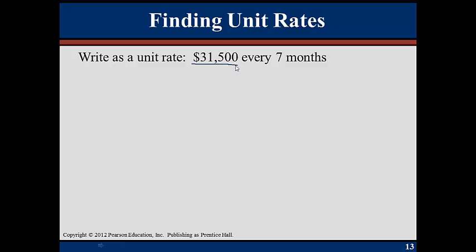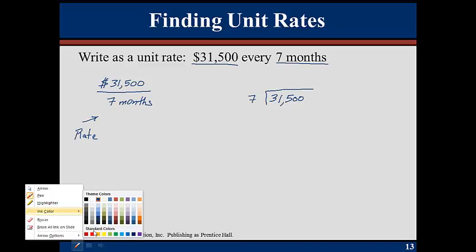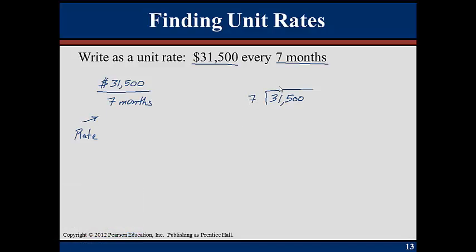The first number we have is $31,500 every 7 months. So this is the rate. Now, in order to get the unit rate, we're going to divide the numerator by the denominator. So numerator on the inside, denominator on the outside. And we got 7 into 31 4 times.